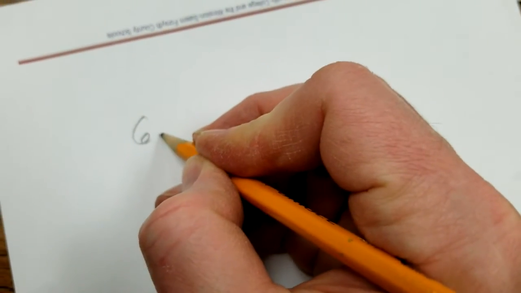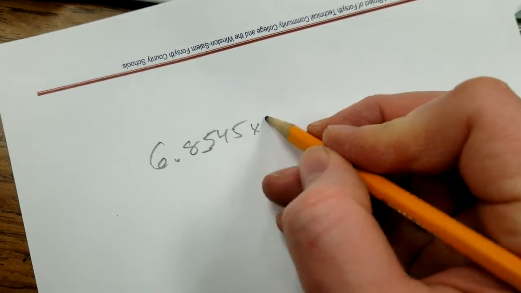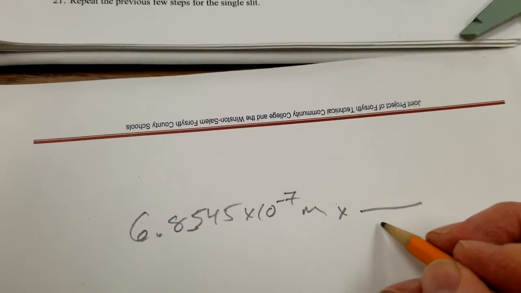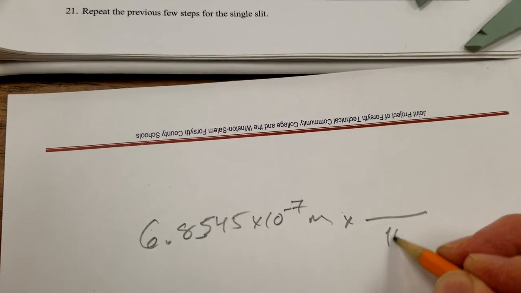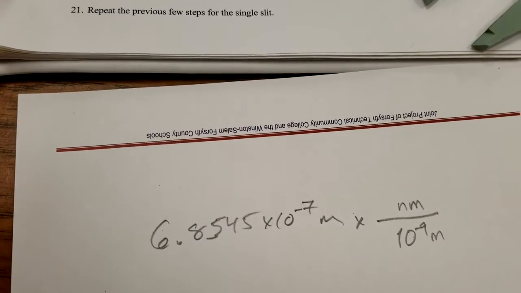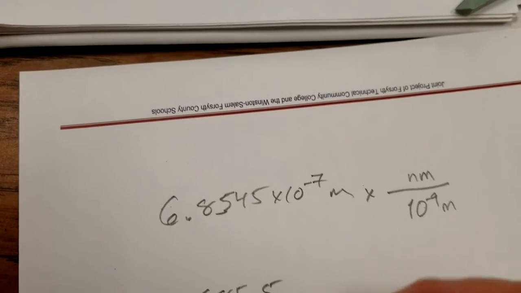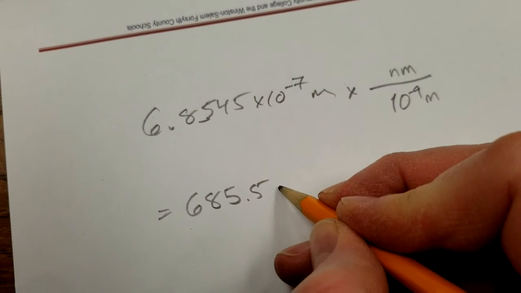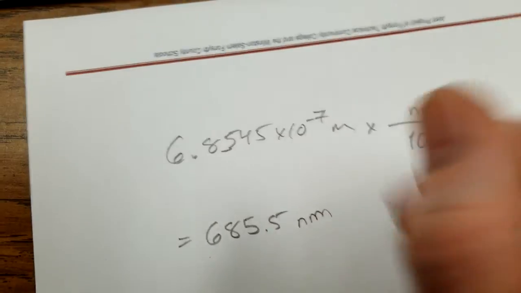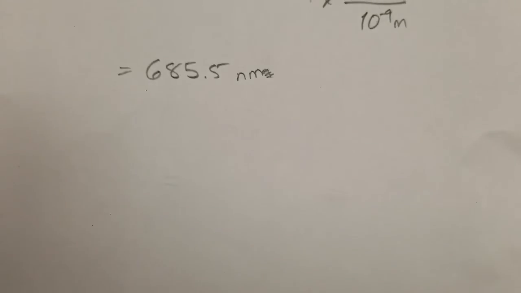So 6.8545 times 10 to the negative 7th meters, times 1 nanometer per 10 to the negative 9th meters, and I end up with 685.5 nanometers.